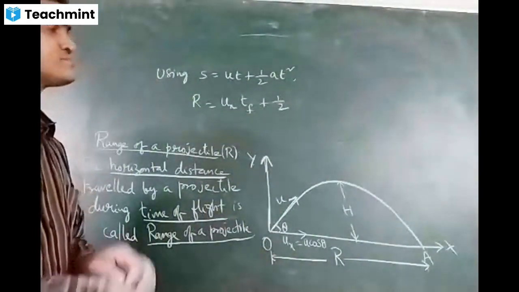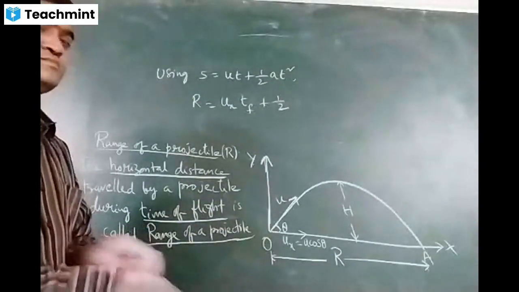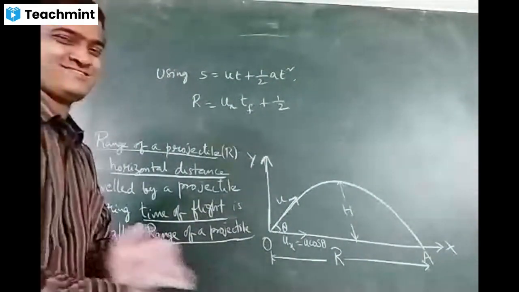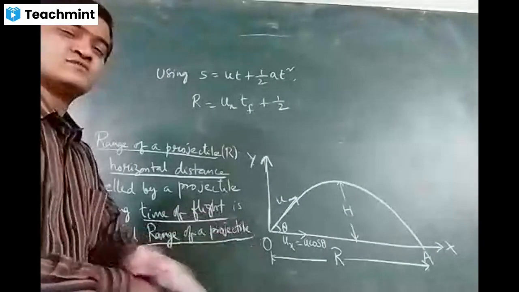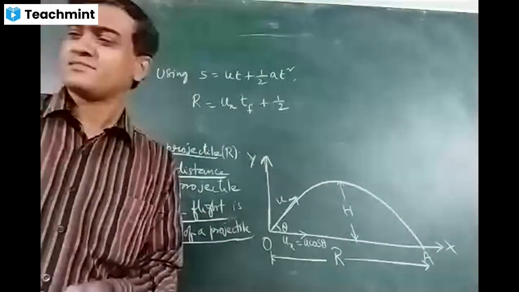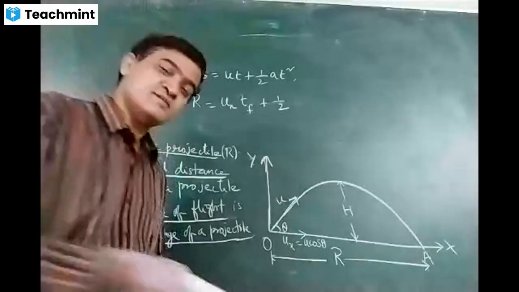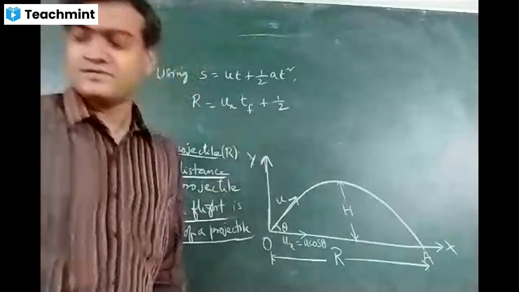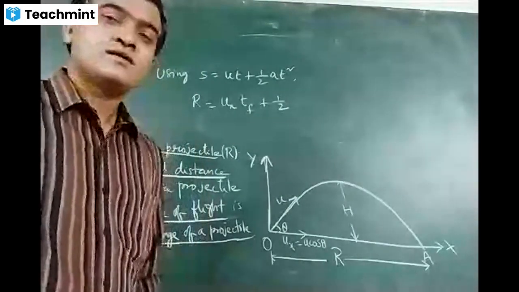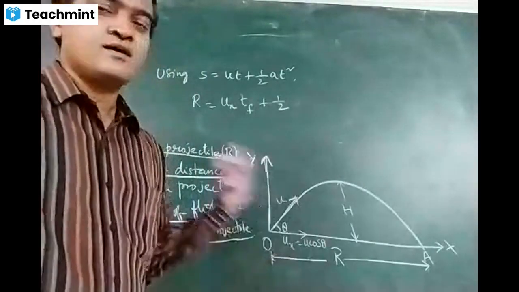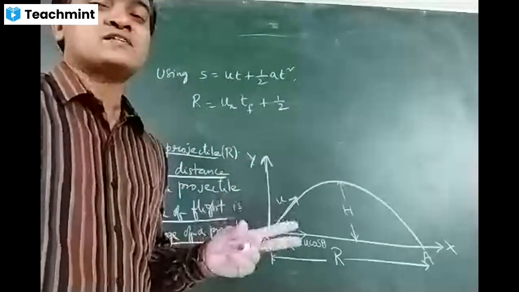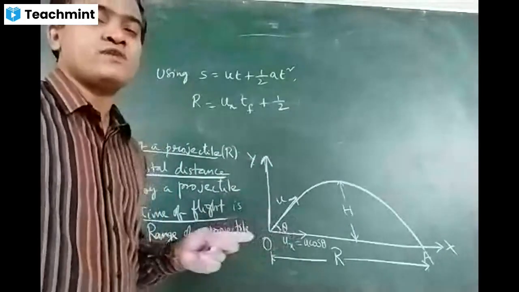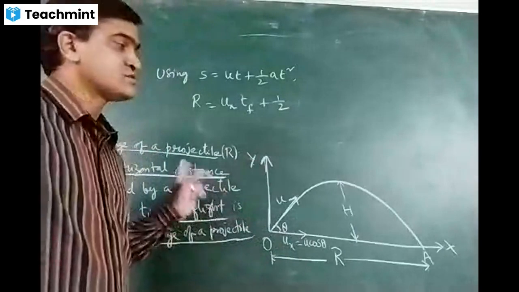Correct? But minus g, why, sir? No, sir, arrange this. Zero. Good. Why? Acceleration due to gravity will be zero along horizontal. Acceleration due to gravity always acts vertically downwards.